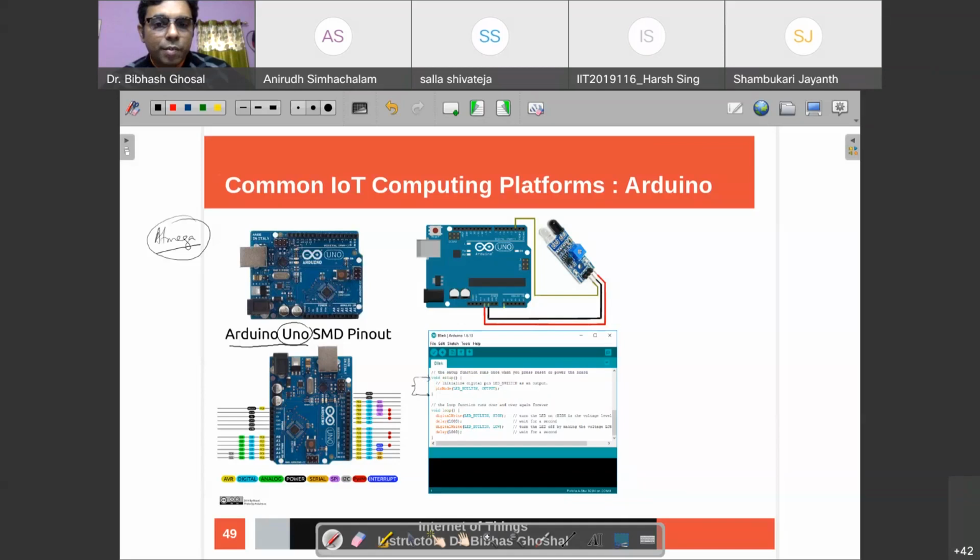You initialize, give a pin type, the mode, and then you write your logic here, which is again a very commonly used structure similar to C, where you have void loop, and there you write something to this particular pin, put a delay, then you write and delay. So what you are trying to do is read, write something.